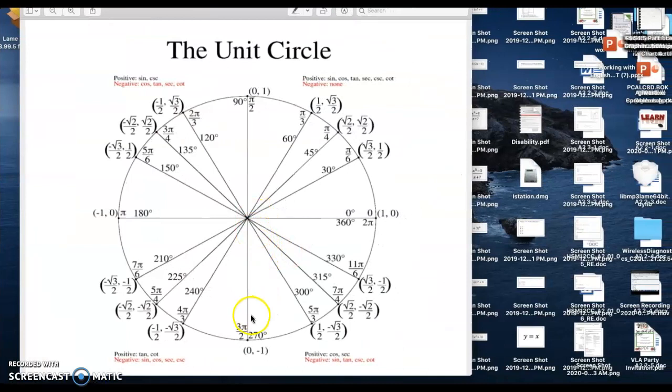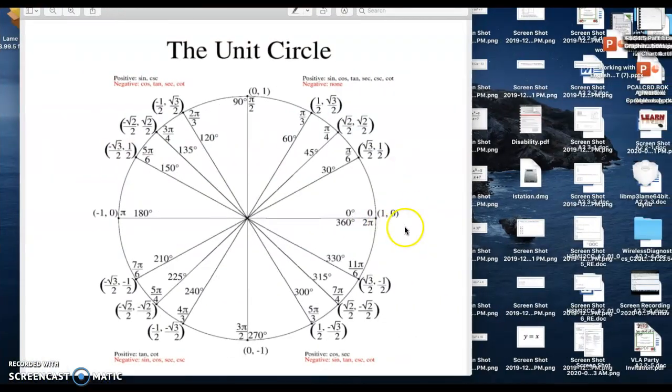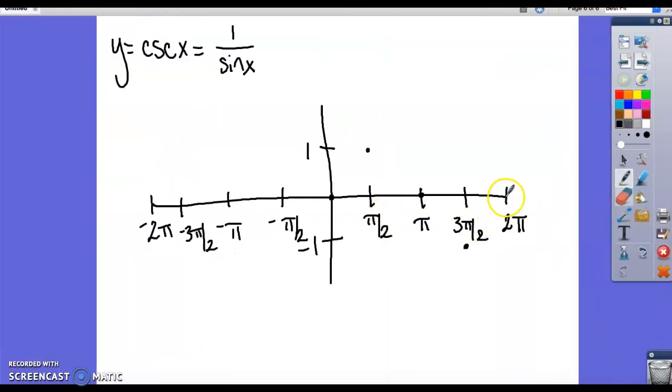At 3 pi over 2 radians, the sine is negative 1. And at 2 pi radians, the sine is 0. Okay, so that's how we're getting these points. We're pulling those right off that unit circle.